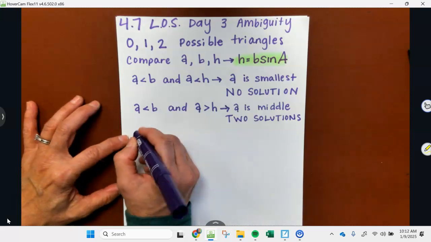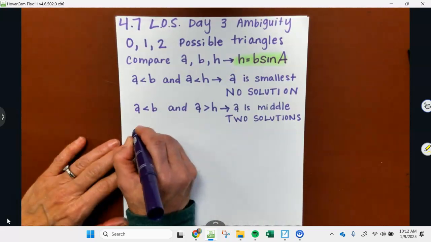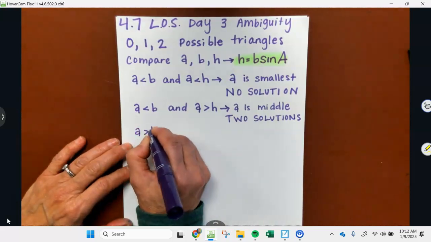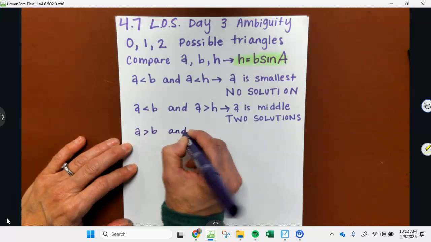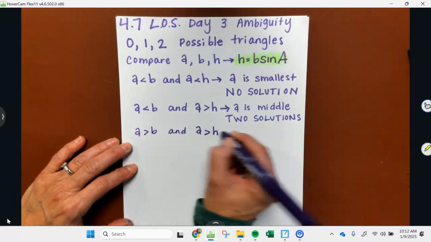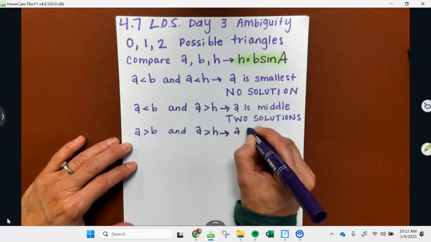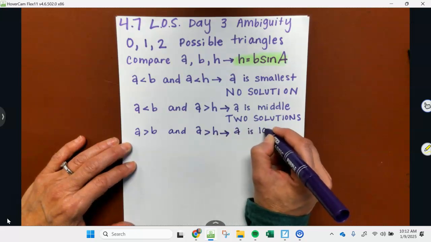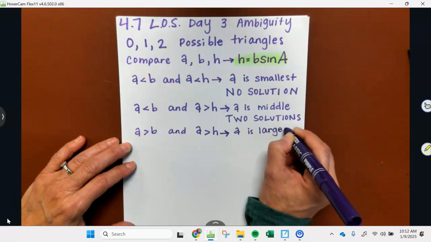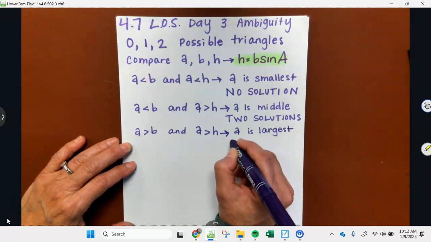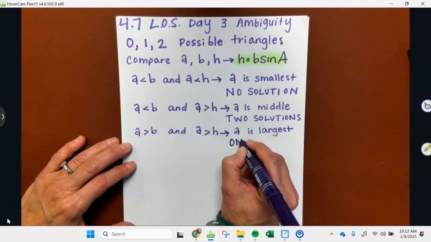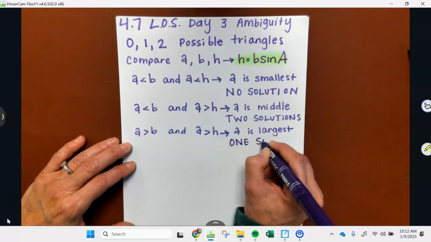Now, if A is greater than B, and A is going to be greater than H, then A is the largest, and that's going to be one solution.